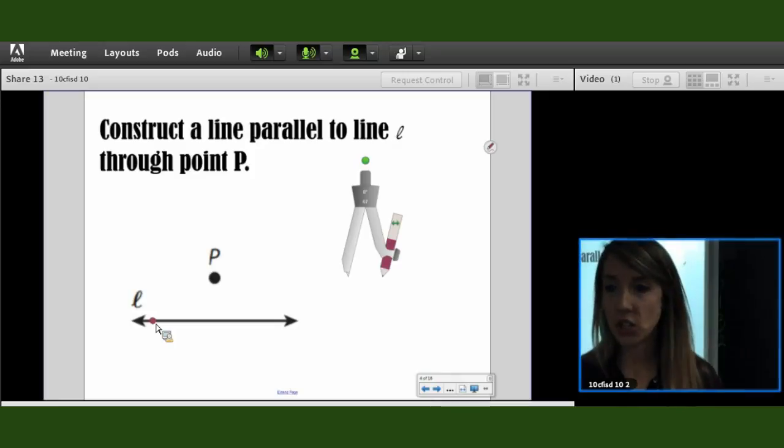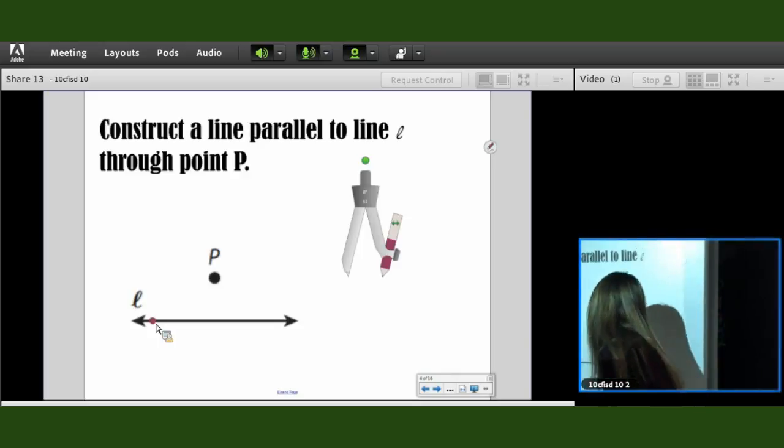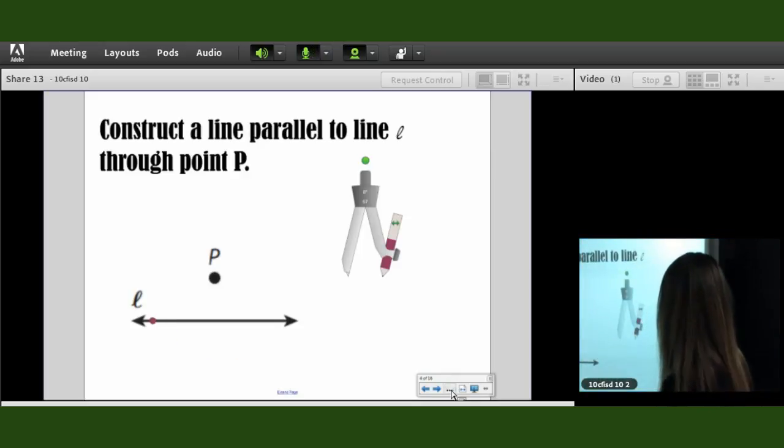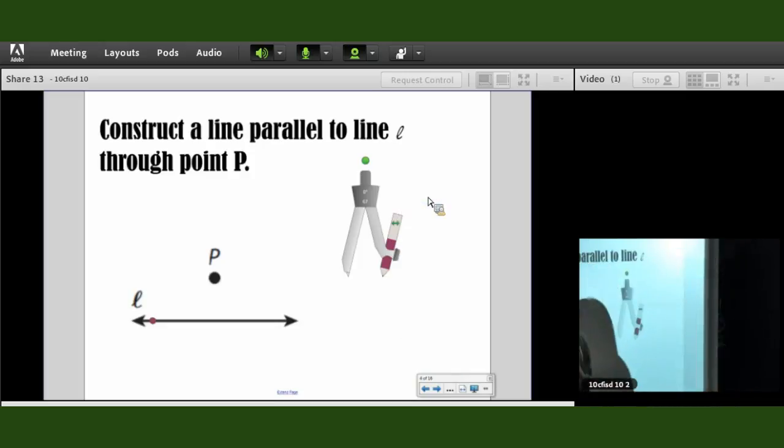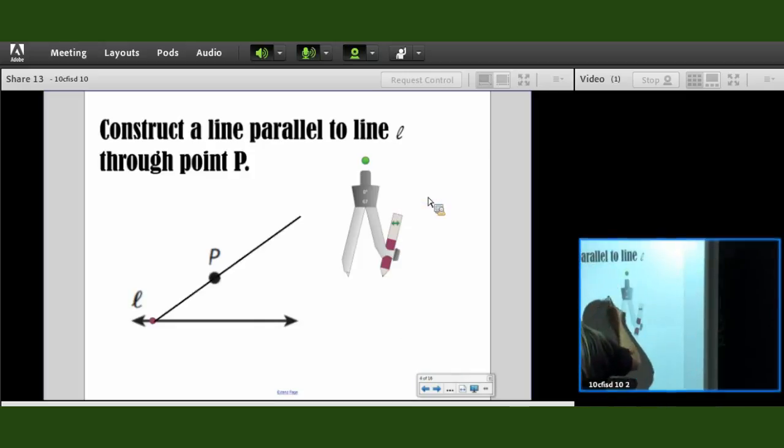Then I want you to take your straight edge, take your ruler, and connect the point that you made and connect P. How many lines are there through those 2 points? How many lines exist through those points? If you said only one, you are correct.